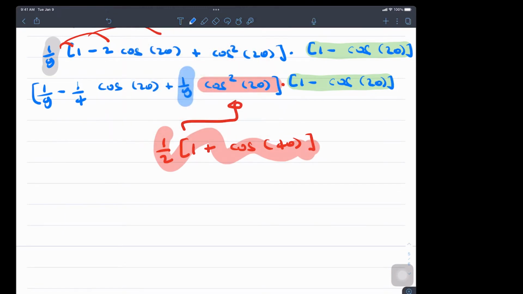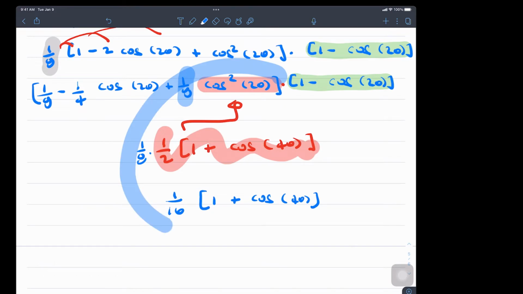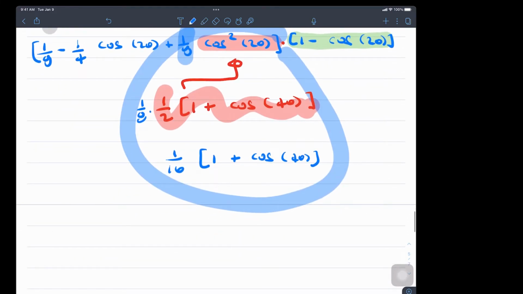So here's what I'll do. What's 1/8 now times that 1/2 here? You guys know what you get? You get 1/16 times 1 plus cosine 4 theta. I'm just focusing on this portion so you guys know. If I distribute now here, you get 1/16 plus 1/16 cosine 4 theta.